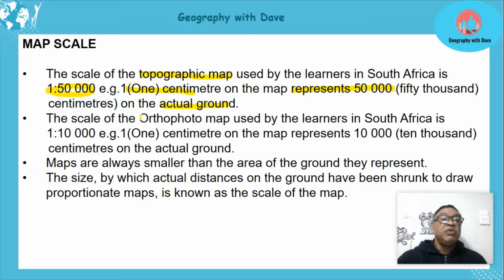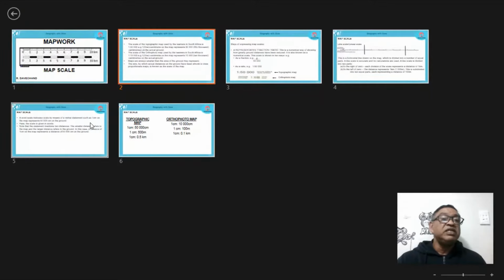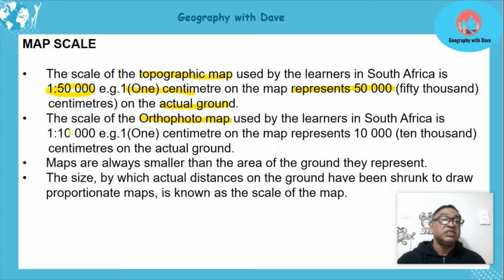Then for the orthophoto map in South Africa, when we're writing our exams, we would use the 1 is to 10,000. 1 is to 10,000 centimeters. 1 centimeter on the map represents 10,000 centimeters on the actual ground.